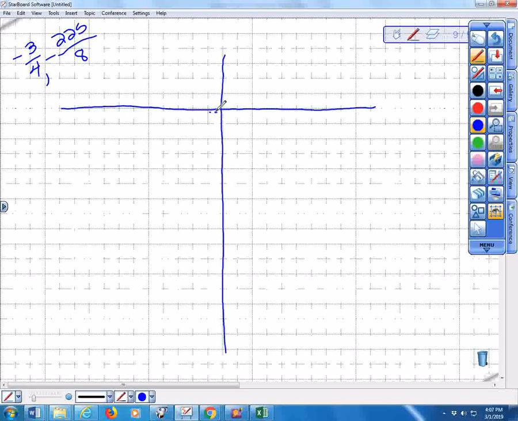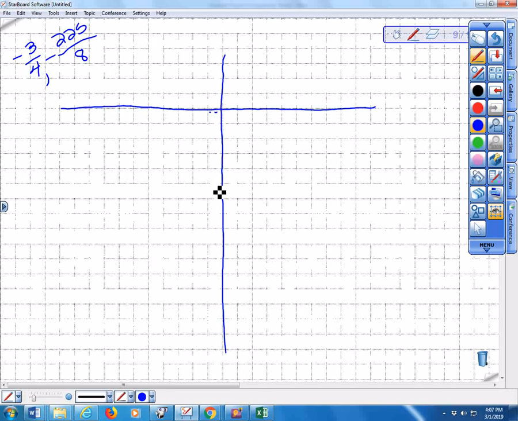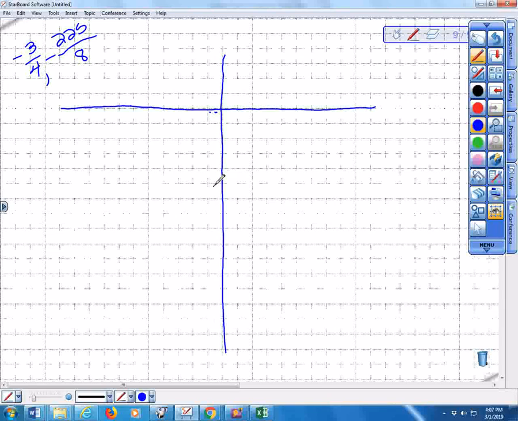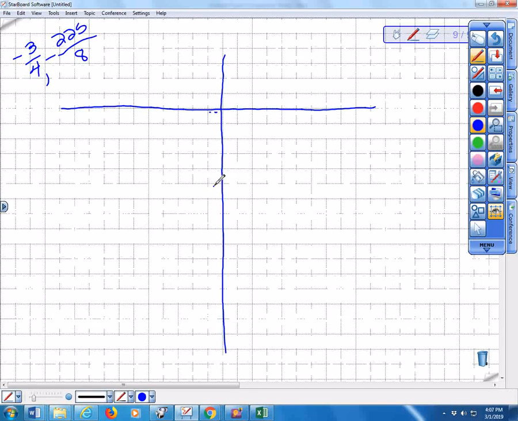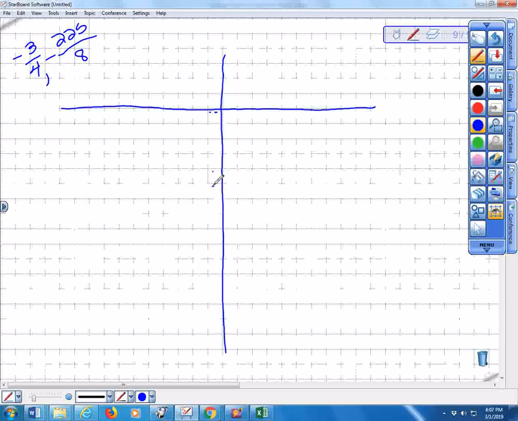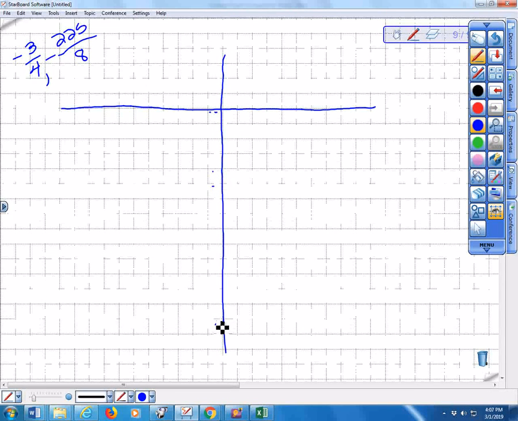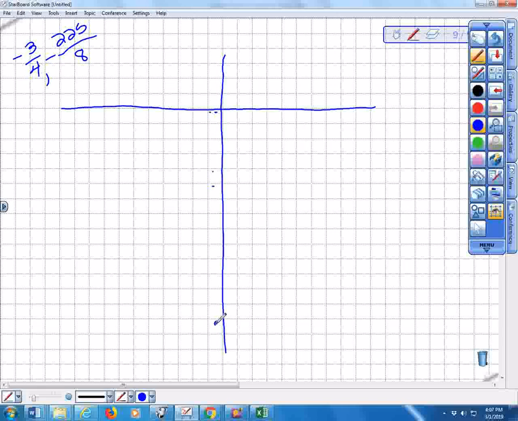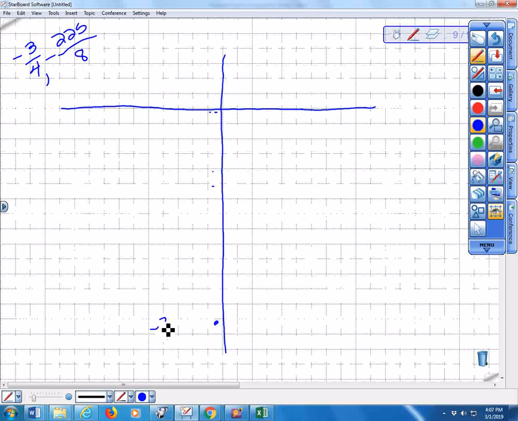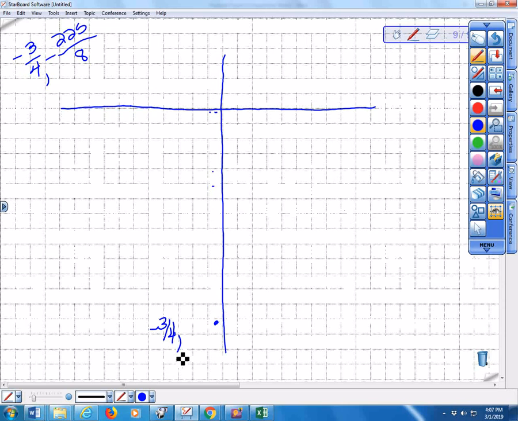And I'm going to go 2, 4, 6, 8, 10, 12, 14, 16, 18, 20, 22, 24, 26, 28, and a little more. So there's my vertex. It's going to be a sketch here. So this vertex is negative 3/4 and negative 225/8.